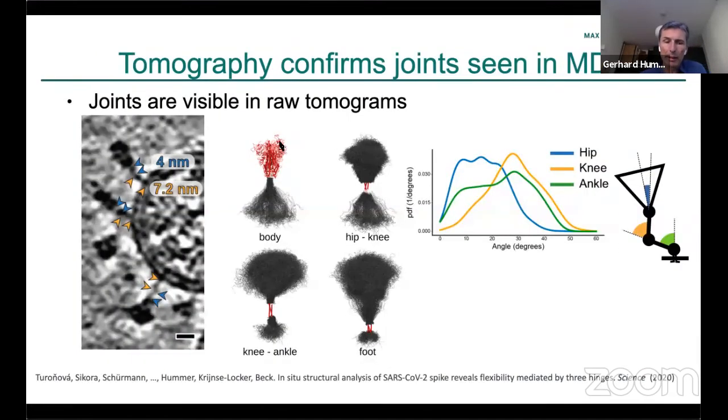Remarkably, already in the raw tomogram, they could see the hinges, and not just the spike body. You can see that the stalk actually is flexible and that it bends. And that would also explain the irregular structure of the protein on the viral surface.